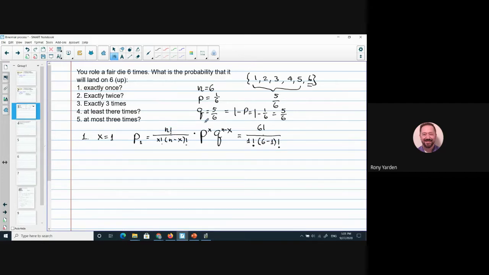Now p equals 1/6, 1 over 6. I'm going to write it, and don't forget parentheses, it's an important part for the calculator, to the power of x, which is to the power of 1, times q, which is 5 over 6, to the power of n minus x, which is 6 minus 1.